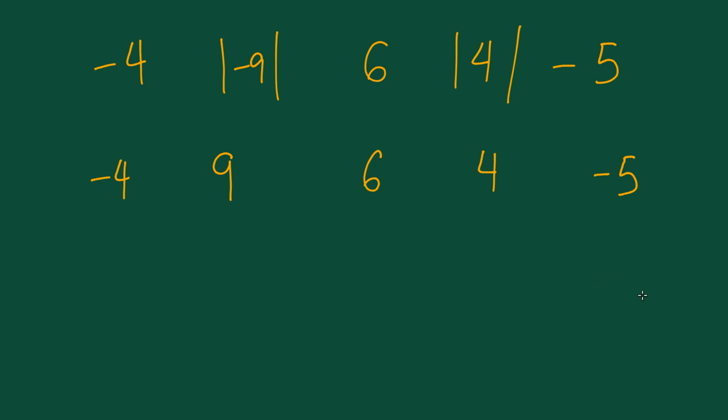Okay, so from least to greatest, between negative 5 and negative 4, the smaller one is a negative 5. Okay, and then we have negative 4. And then 4, 6, 9. Okay, so this would be least to greatest.